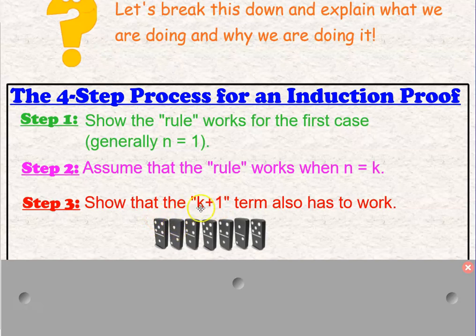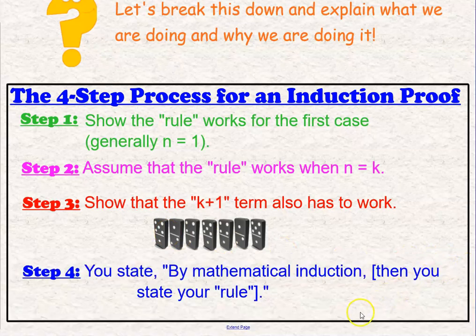And if the second one falls, doesn't this show that the third one will fall? And if the third falls, this shows that the next one has to fall. And so we've shown that the subsequent dominoes will all fall if the first one falls, which we've already shown. And then the 4th step in an induction proof is you simply state, by mathematical induction, whatever it is you're trying to prove.